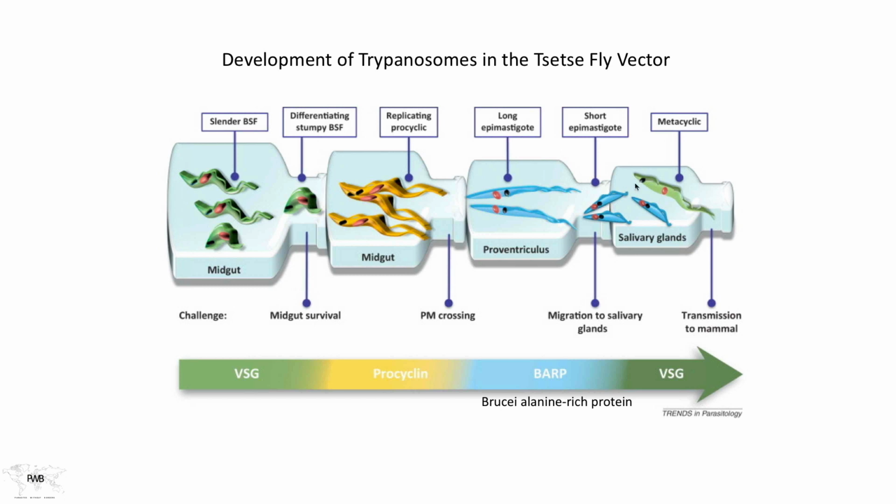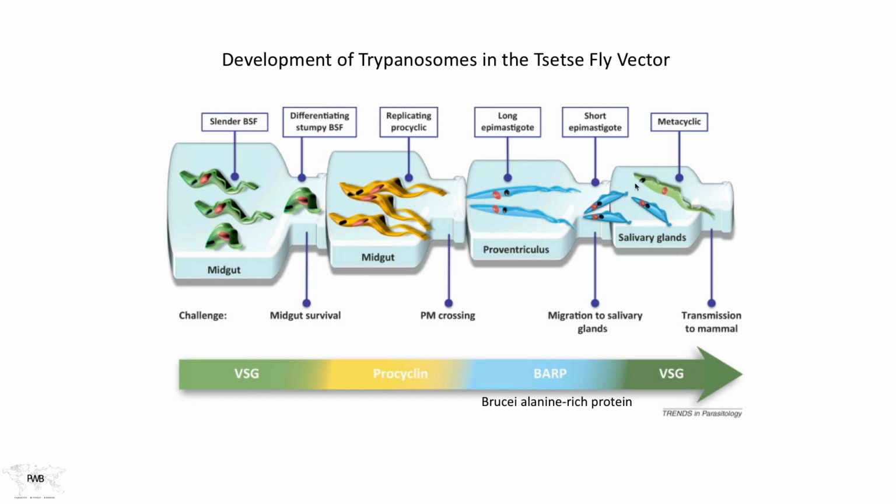We just simply refer to them by their shape stage. And finally, the short epimastigote stage is able to differentiate into something which is indistinguishable from the original blood meal long, slender forms of the bloodstream forms. And at this point, this organism is now ready for life inside of its mammalian vector.